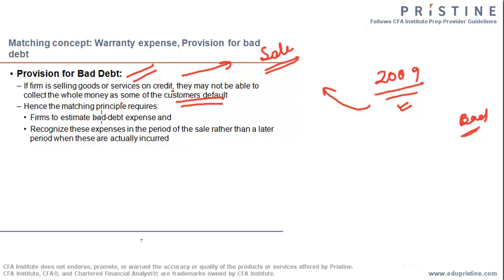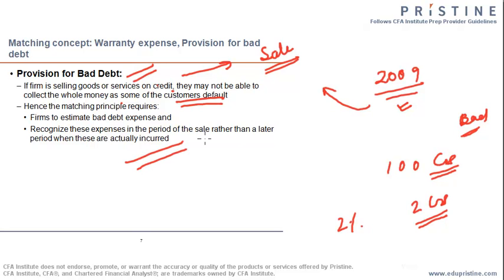Hence, as per the matching principle, a firm should estimate the bad debt expense. For example, a firm might be selling 100 crores of products every year, and they estimate that about 2% they will not be able to recover, and hence 2 crore should be provided as provision for bad debt in year 2009 itself. So recognize these expenses in the period of the sale rather than a later period when they are actually incurred. We should account for provision for bad debt in 2009 itself.